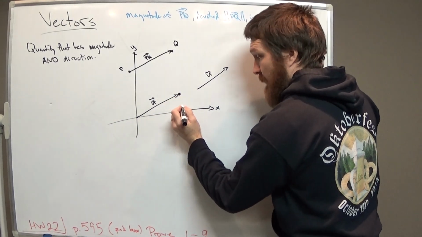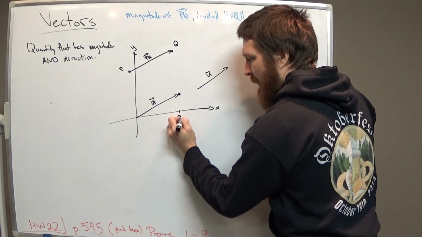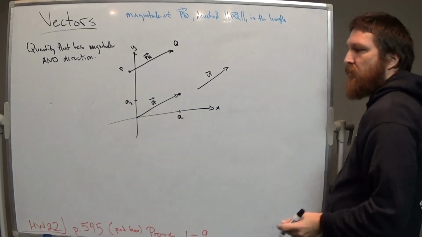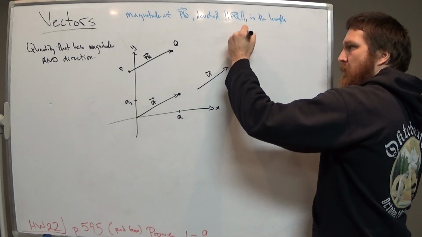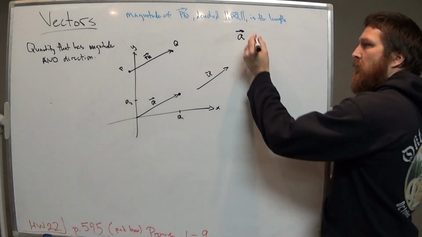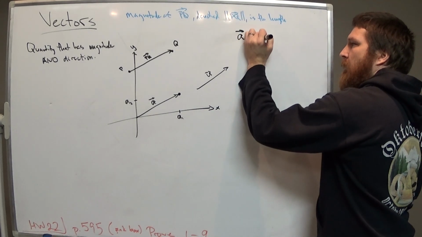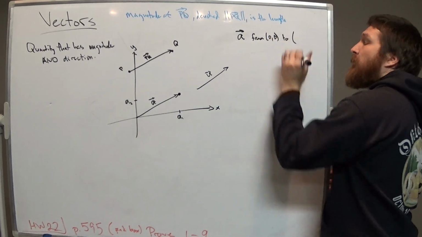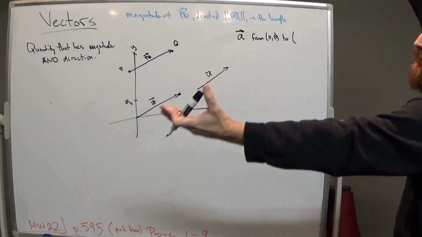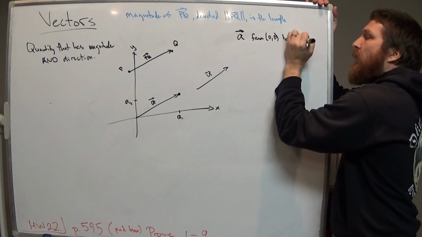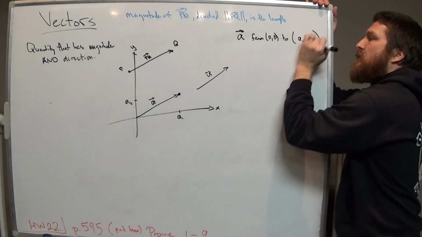Not sure what point that is. Let's just call it, how about A1 and A2? Okay, so the vector A goes from the origin, at 0, 0, to some point, whatever it happens to be, right? It depends on how far I drew it, how big that is, whatever. To some point, call it A1, comma, A2.